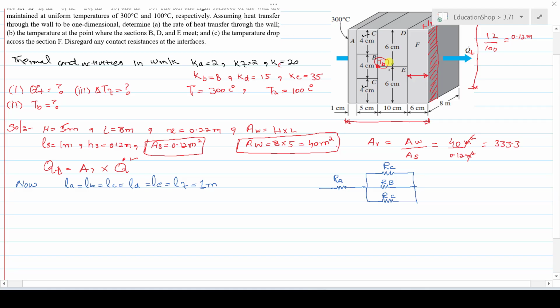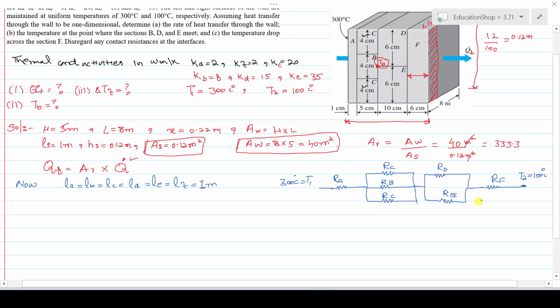Then again two sections are in parallel, so two more resistances are in parallel to the heat transfer, that is section D and then section E. And then the last resistance is offered by this section. This is RD, this is RE, this is RF, and finally the outside temperature is T2, that is 100 centigrade. The inside wall temperature is 300 centigrade.